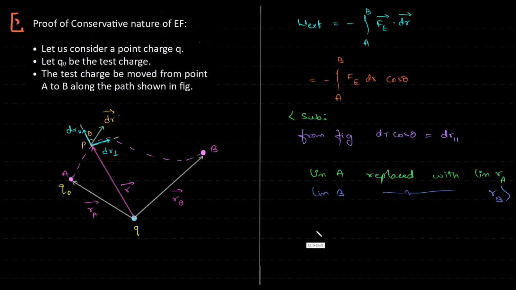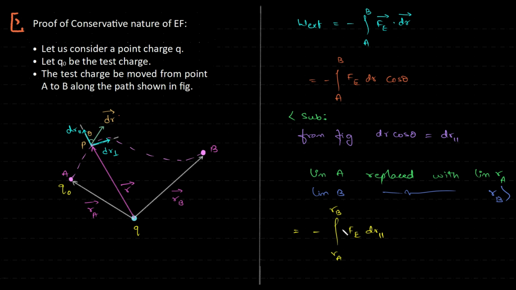So these are the things that we need to substitute. Again, in your integration, whenever you're substituting anything, the limits also have to change. So Fe remains constant. This is dr cos theta, which is the parallel component.